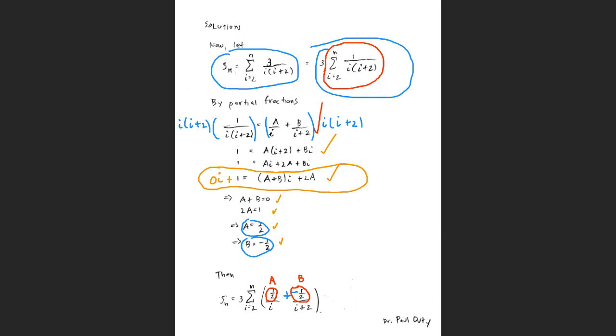Certainly, I can write this as 3 times the sum, where i goes from 2 to infinity, of 1/2 times 1 over i minus 1 over i plus 2.